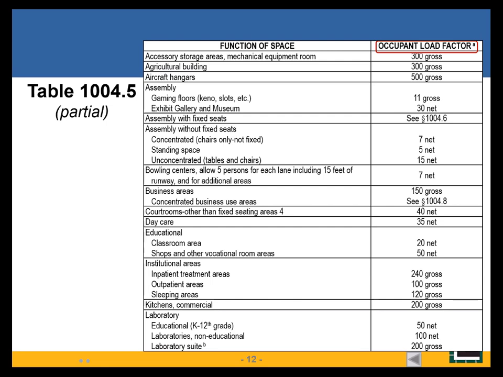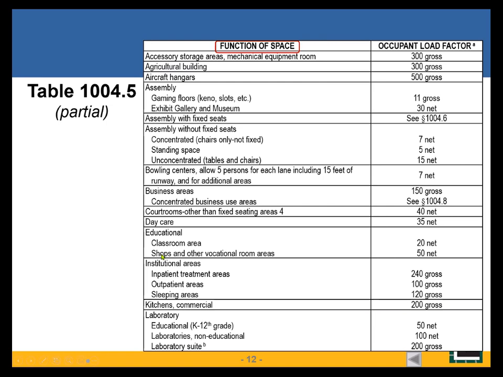And it changes based on the function of the space. Key understanding with this table, it does not say occupancy classification. It says, what's the function? For example, I have educational listed here.